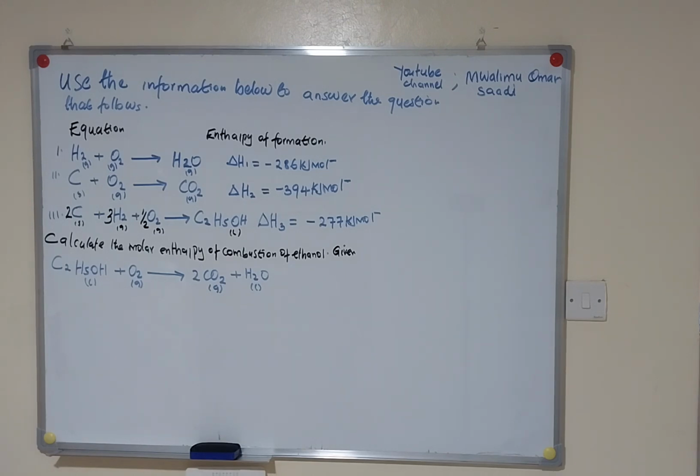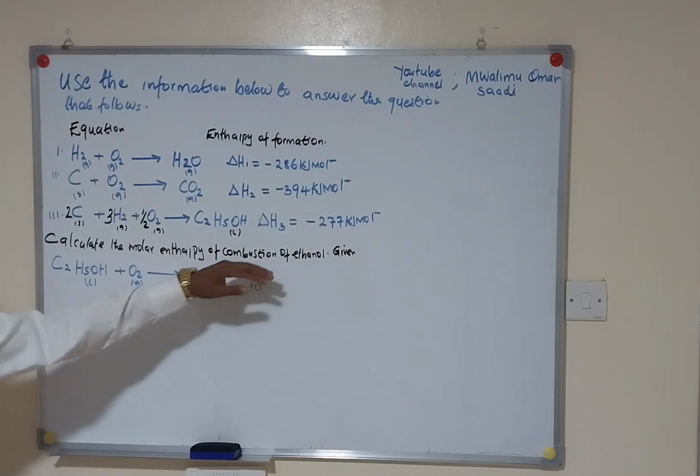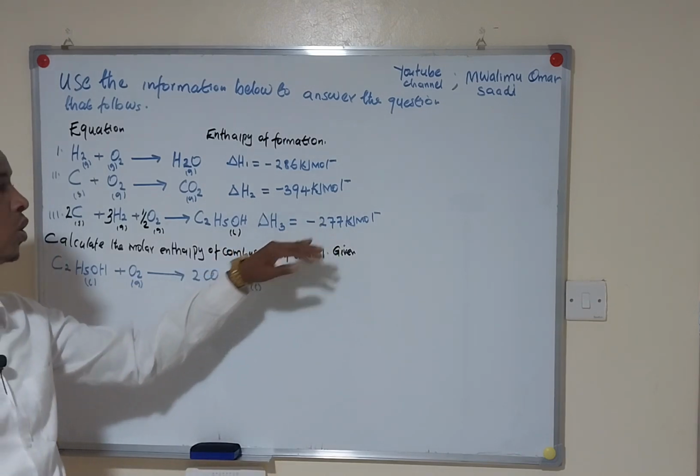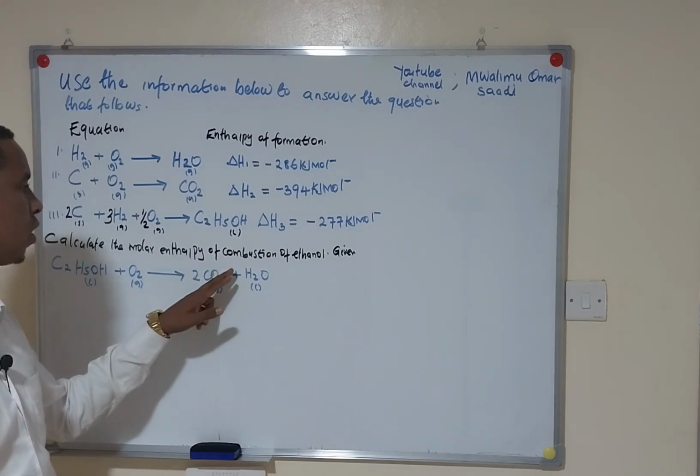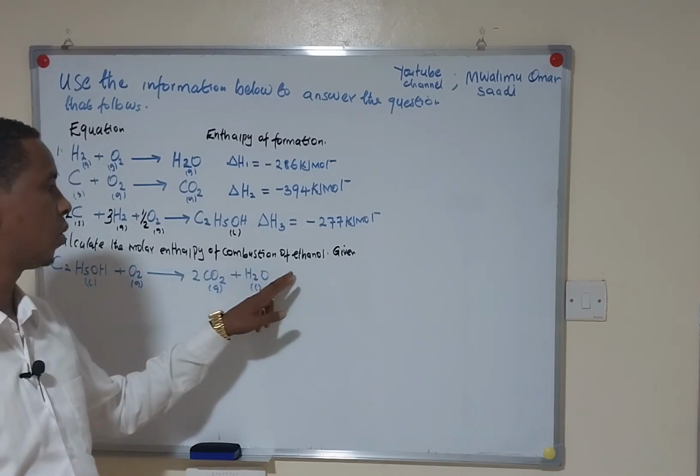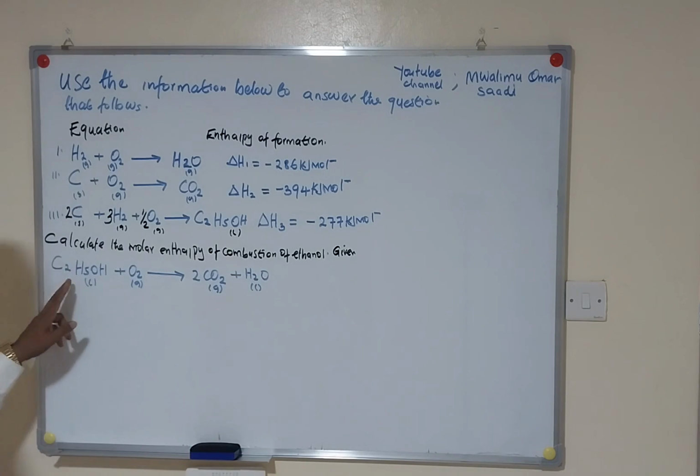And lastly, we have got carbon plus hydrogen plus oxygen forming ethanol, and delta H we are given negative 277 kilojoules per mole.